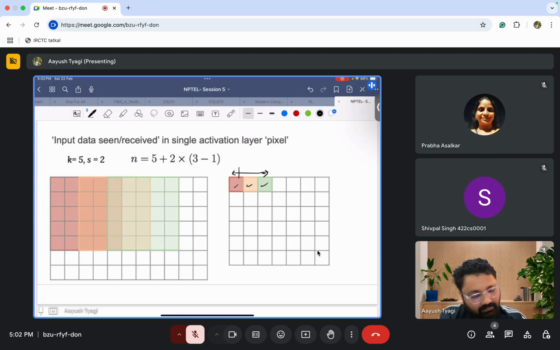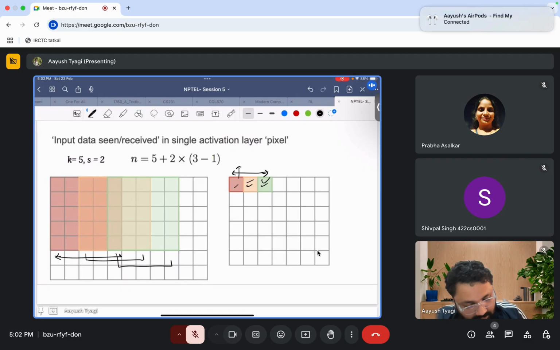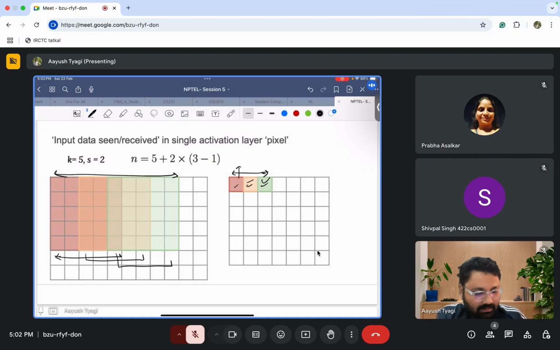So this will be active when these five blocks are active. This will be active when these 5 blocks are active. This will be active when these 5 blocks are active. So effectively it has seen something from here to here.